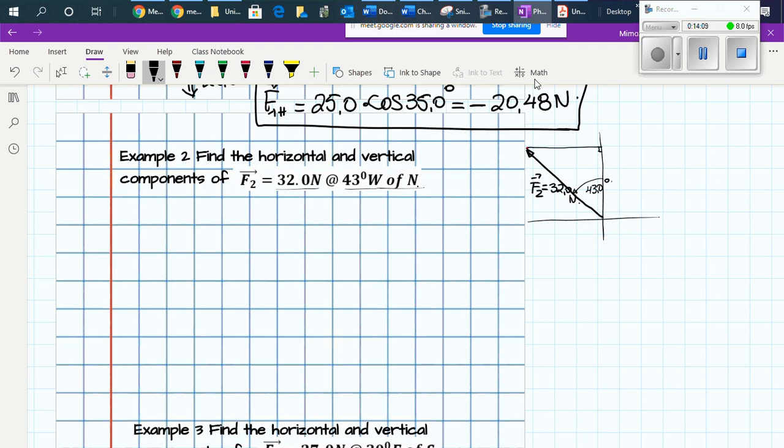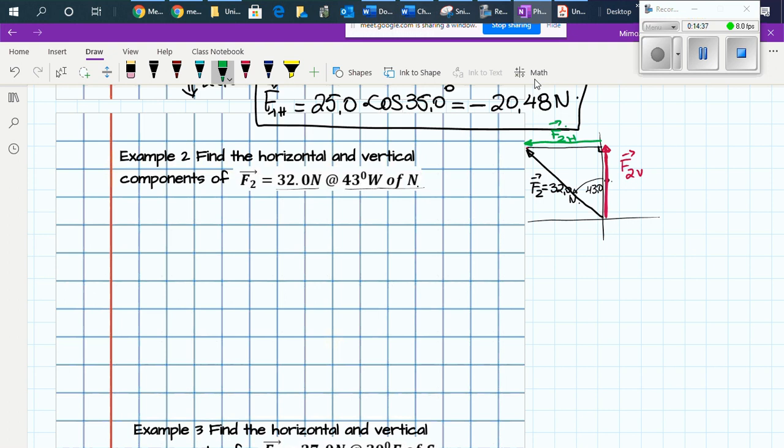Okay, so this is the right angle triangle here. Now, whatever is going along the vertical is the vertical component. So this will be the vertical component of this vector, F2 vertical. Whatever is along the horizontal will be the horizontal component, F2 horizontal.